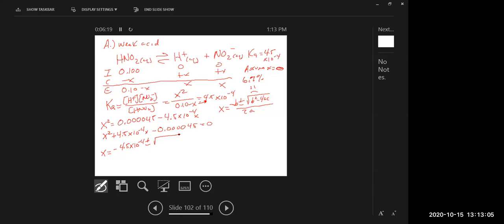If you get all the numbers inside the square root, you end up with, I believe, 0.000180.